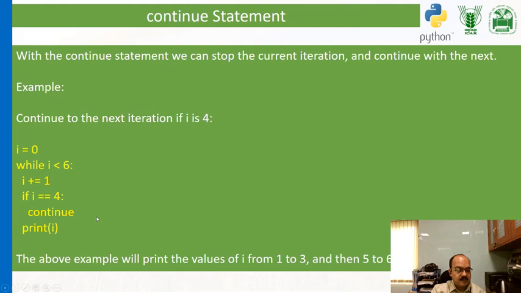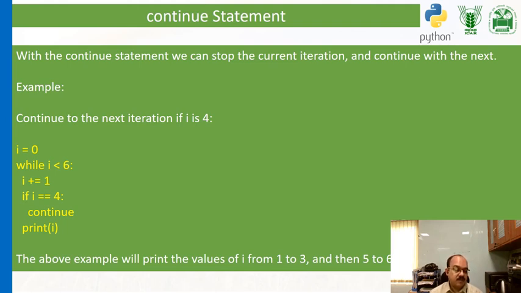So what will happen in this case? First of all, the while condition: 0 is obviously less than 6. So the value of i is incremented by 1.